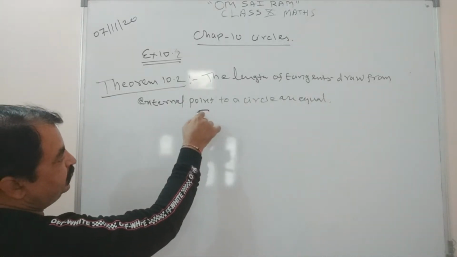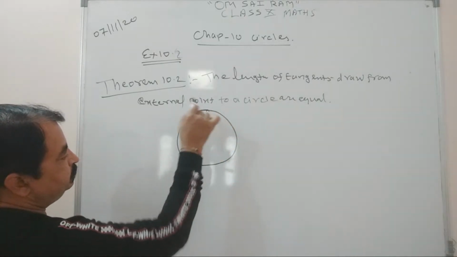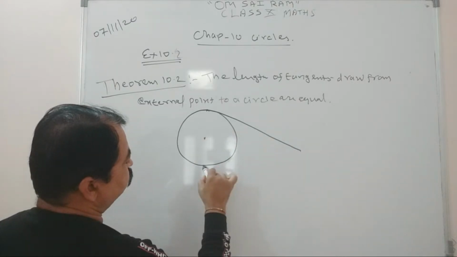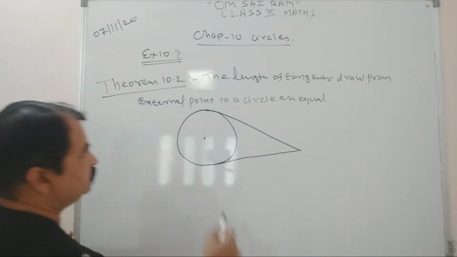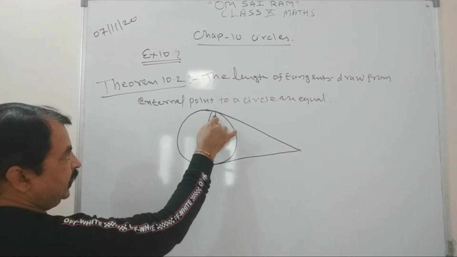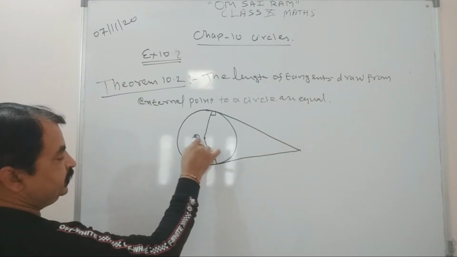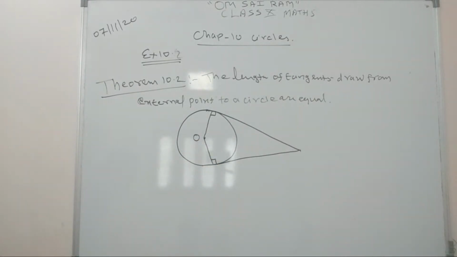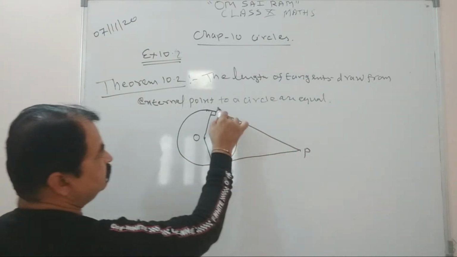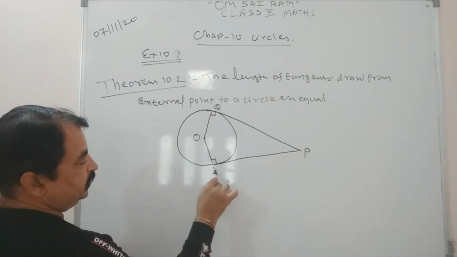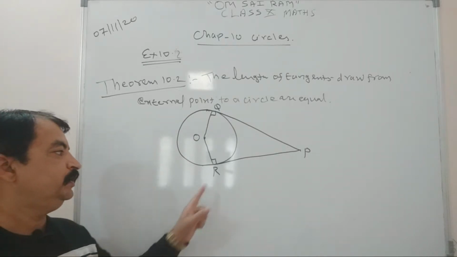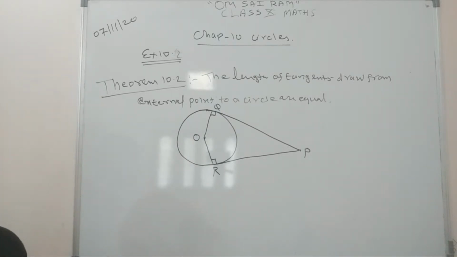So according to the statement, we draw a circle, right children? We take two tangents from an external point, we join the radius, and you know tangent and radius are perpendicular to each other. We take the center O. Take the external point as P, one point of contact as Q, and another point of contact as R, children, right?